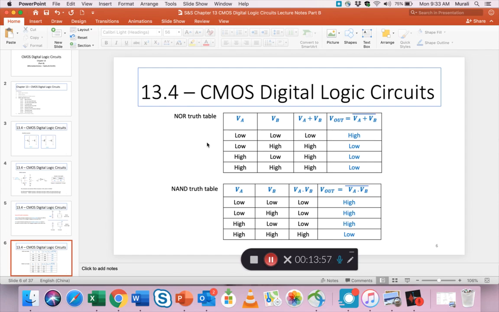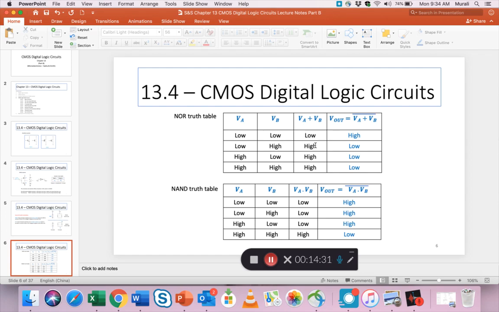So what is a NOR function? What is a NOR truth table? Let's say we have an input at A and an input at B, let's call them VA and VB. You know this is an OR function, right? When you write VA plus VB, it's an OR function. So when this is low and this is low, the output is low. But when this is low and this is high, then the output goes high.